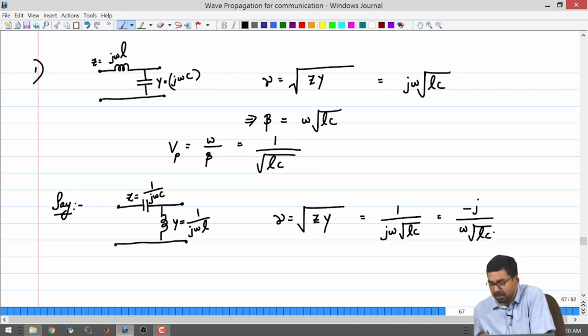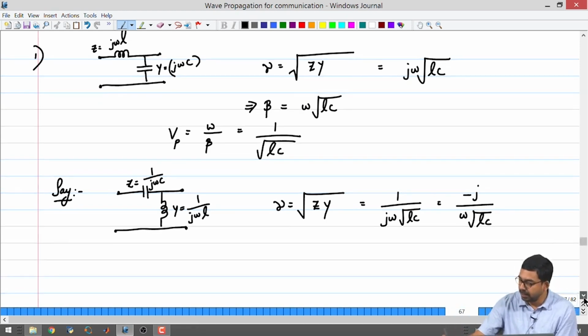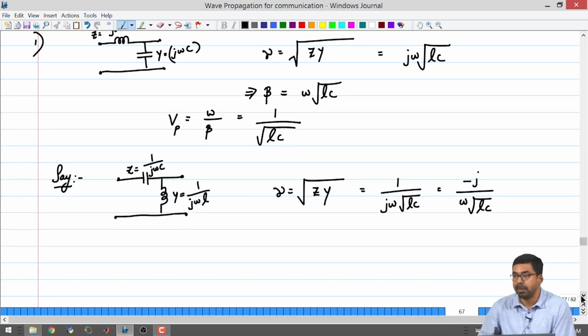Just by looking at it, one may not figure out many things. For now, let us just look at it as minus j divided by omega square root L C. I just did square root of Z y, I am getting a value for the propagation constant. But then I can say that the propagation constant is made up of an alpha and a beta, and I do not have an alpha here because I do not have resistors.